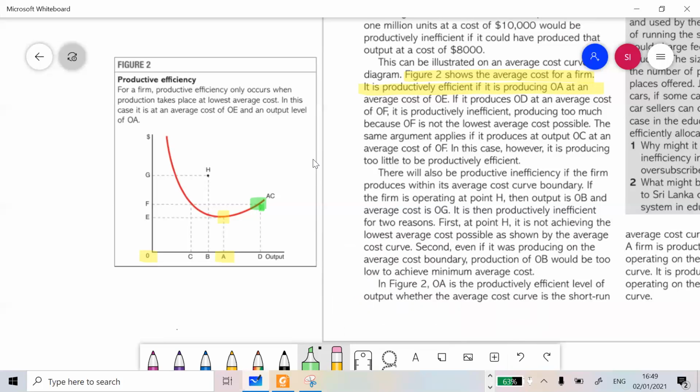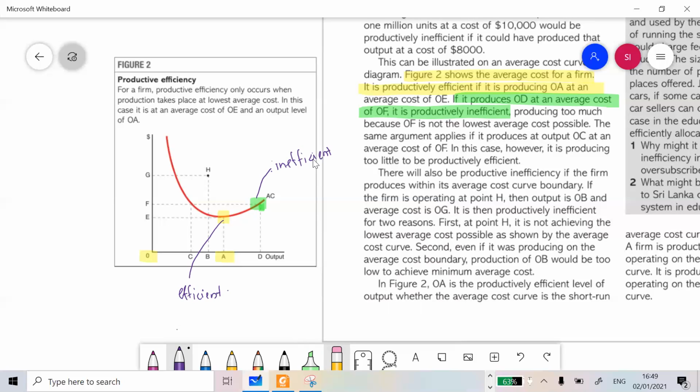If it's producing at 0D at an average cost of 0F, it's productively inefficient. This point shows that it is inefficient. This yellow point shows that it is efficient. It is producing too much because 0F is not the lowest average cost possible.